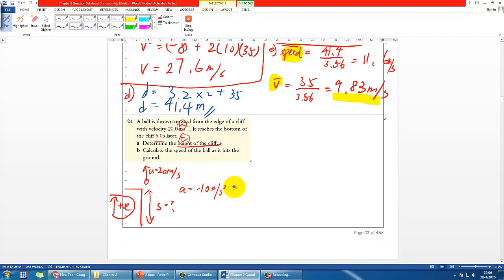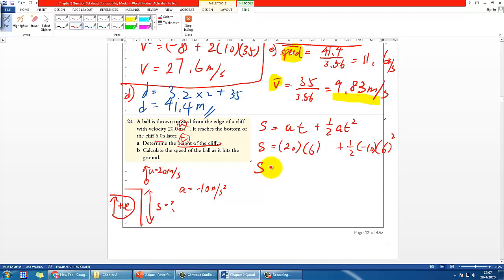Using the equation s equals ut plus half at squared, you can find s, because u is 20, t is 6, plus half times -10 times 6 squared, and then just use your calculator.